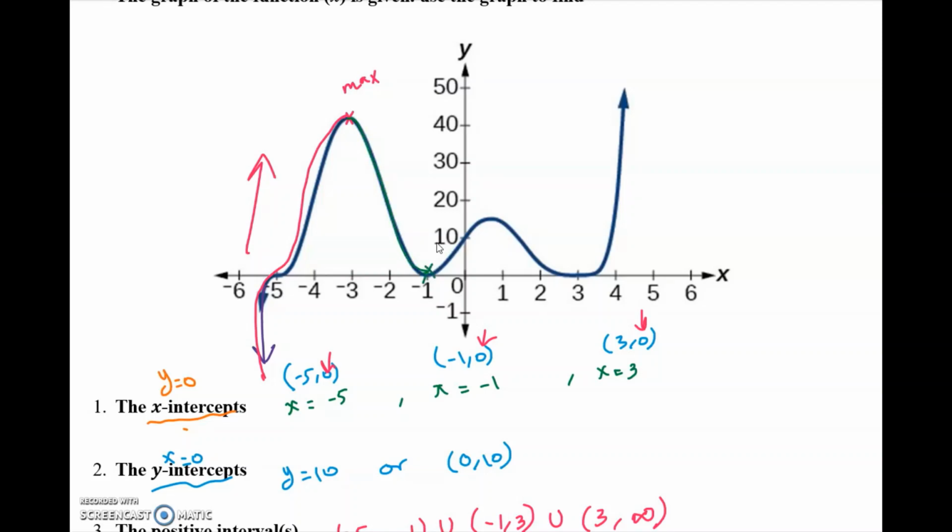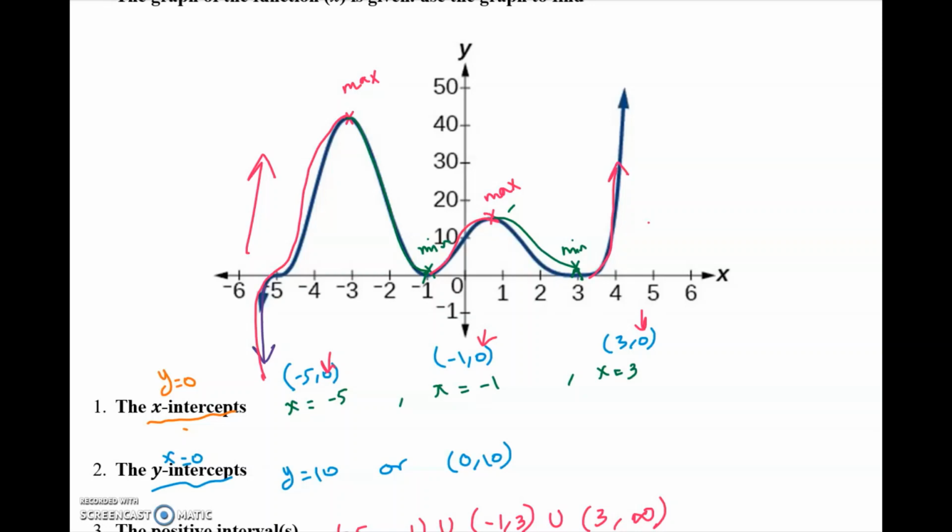Until it reached this point, which is the minimum. And then again, increasing until this point, max, and then decreasing again until this point, minimum, and again starts increasing again, okay? So that's increasing.